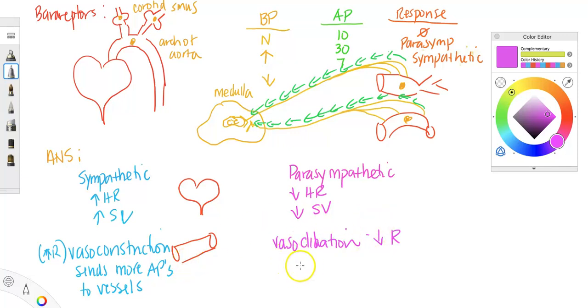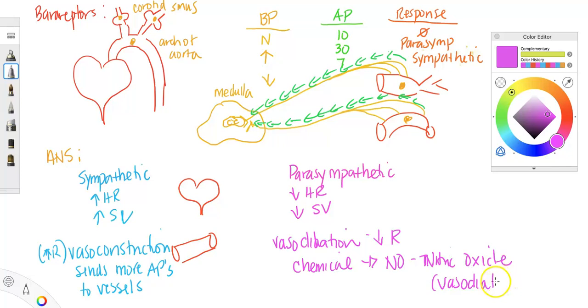And it does that by sending a chemical called nitric oxide. And nitric oxide is a vasodilator.